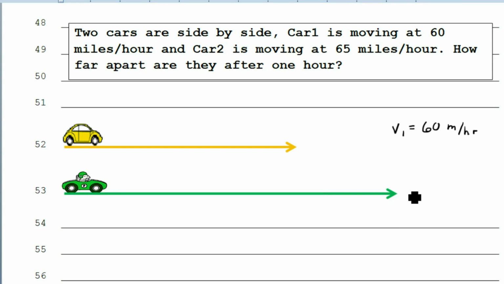And V2 is 65 miles an hour. And time. They're both on the road for 1 hour. So T1 equals 1 hour and T2 equals 1 hour.